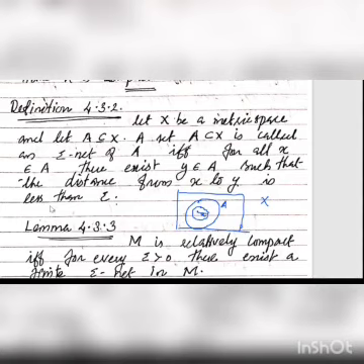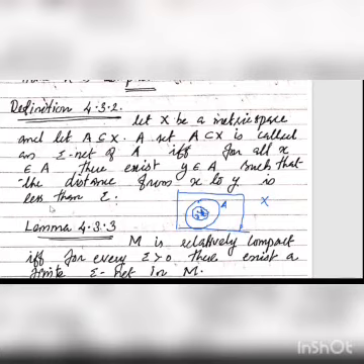If for any point we can find such an epsilon neighborhood, we will say that this is an epsilon net of A. Formally, it is called an epsilon net of A if and only if for all x belongs to A, there exists a y belongs to A such that the distance from x to y is less than epsilon.